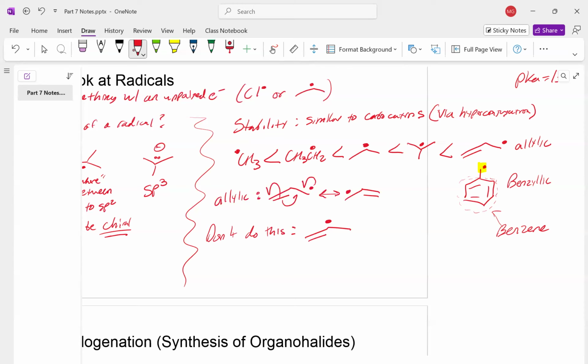That's much different than allylic. Make sure you know the difference between the two. And then another important thing is that there are no rearrangements at all with radicals. You can't go from a less stable radical to a more stable one. There's no way to move atoms around properly to make a more stable radical.